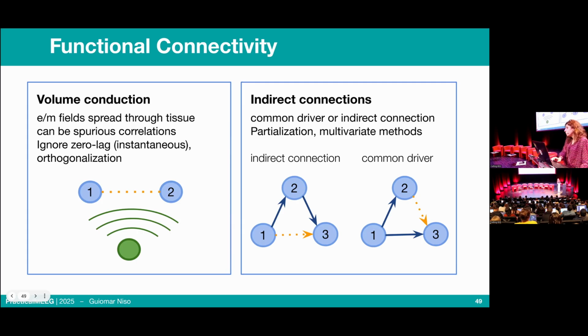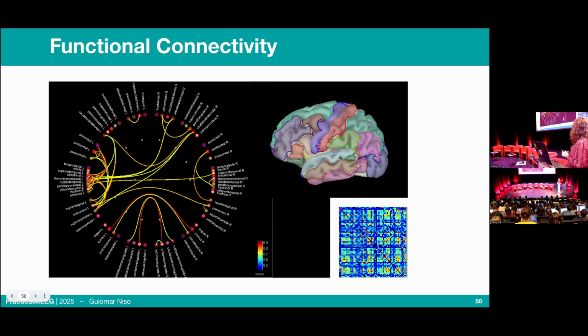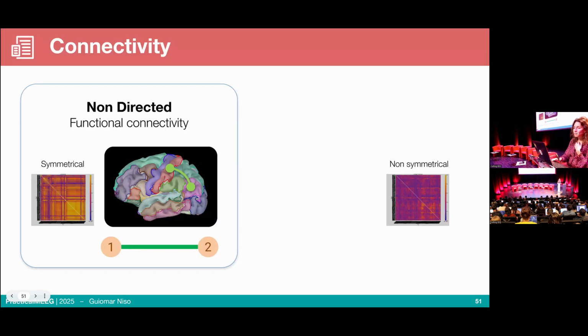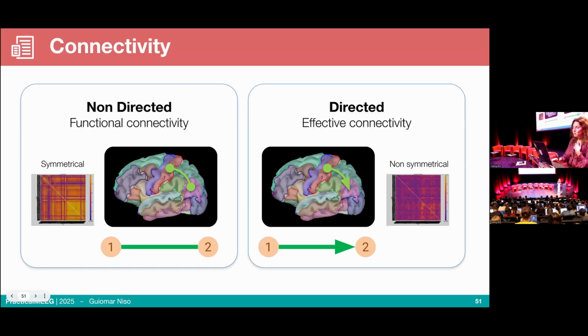So there are many metrics. Take them with care, and this is how you will get a matrix of connectivity, and you can visualize it in a fancy way or not that fancy. When you do connectivity, you have two different ways of functional connectivity.